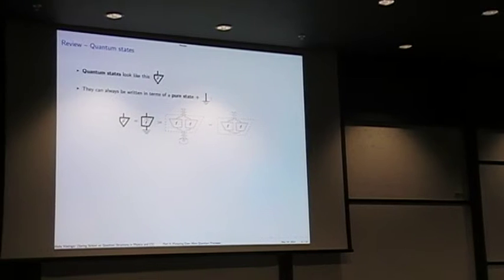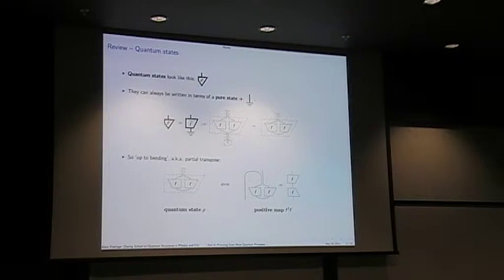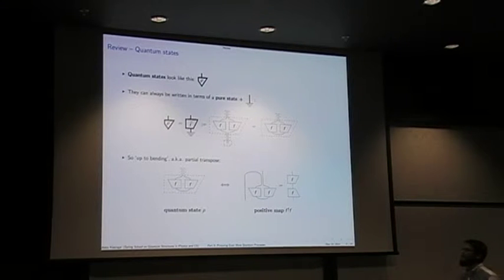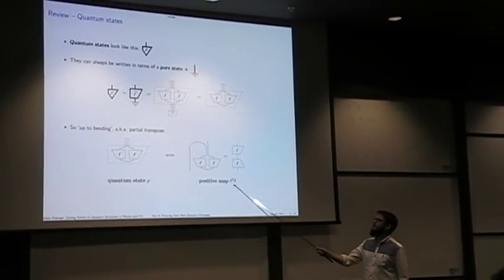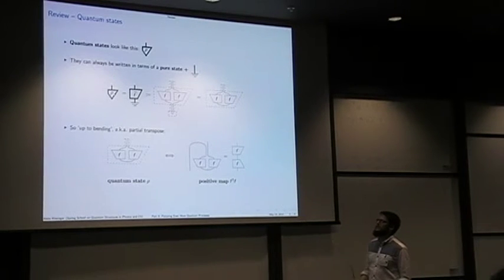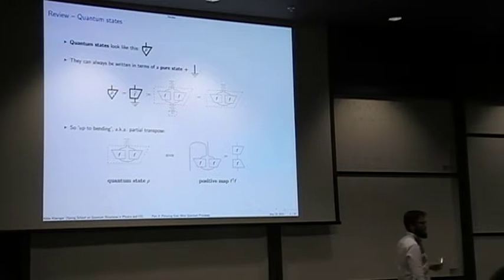So I can always write a state like that. Up to bending a wire, quantum states are really just positive maps or positive operators. So you see here, this is just an F dagger F. That's like a density matrix rho, which is just kind of bent around, right? So there's nothing really mysterious about these bold things. It's really just a bend to the wire.